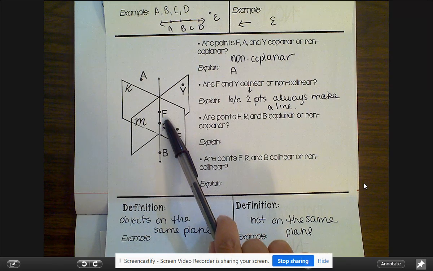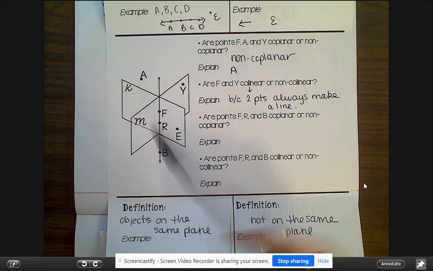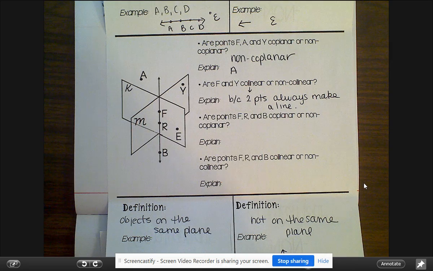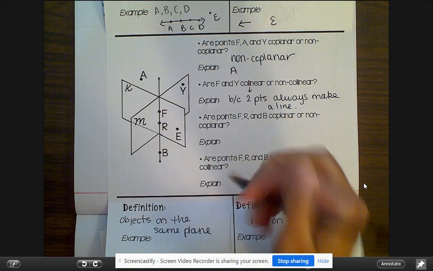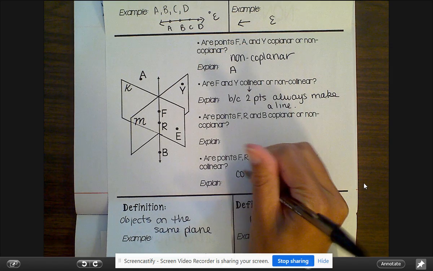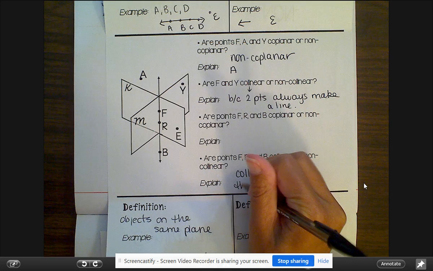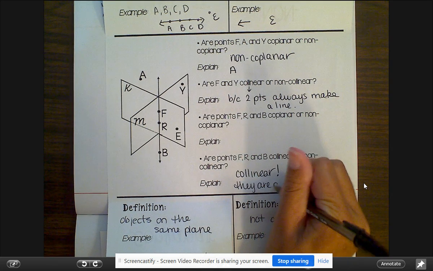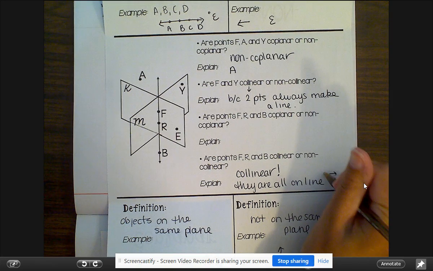And if that line continues through B, which it does, then it is collinear. If I said F, R, and E, they would not be collinear. So collinear. They are all on line FB.